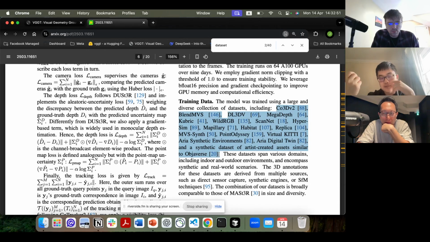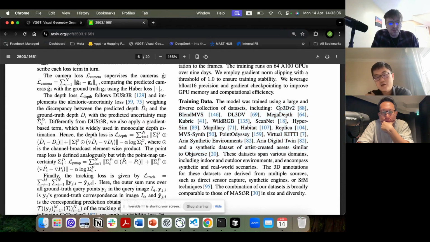It can work in some well-conditioned scenarios. In these scenarios, we can use it to annotate data and then do some filtering to get some kind of pseudo ground truth. Here is one type of source, like Co3D and MegaDepth.